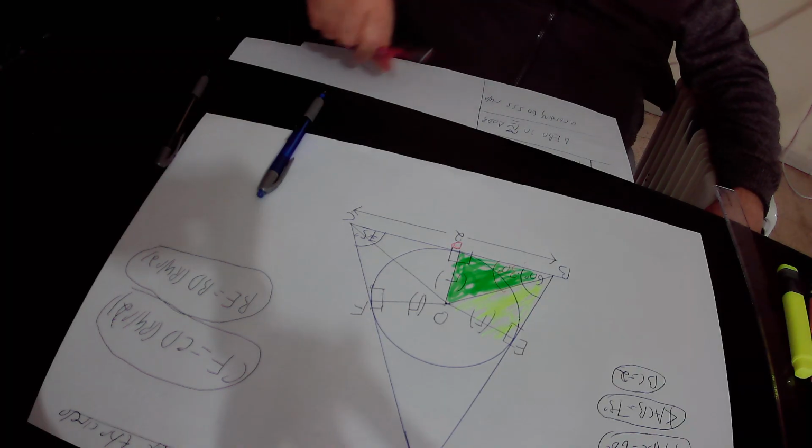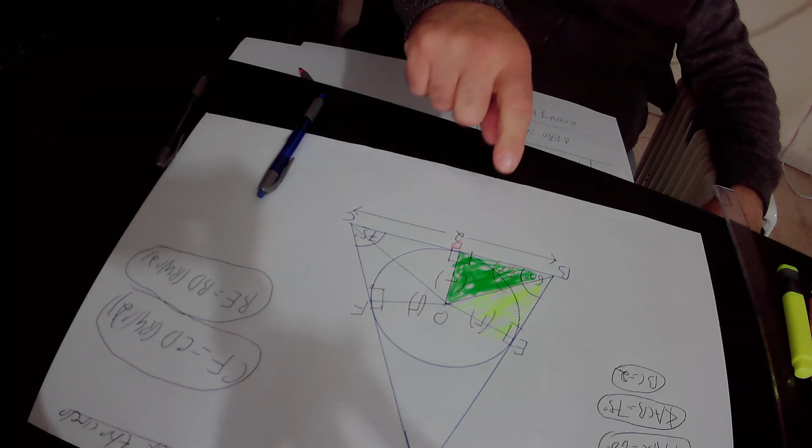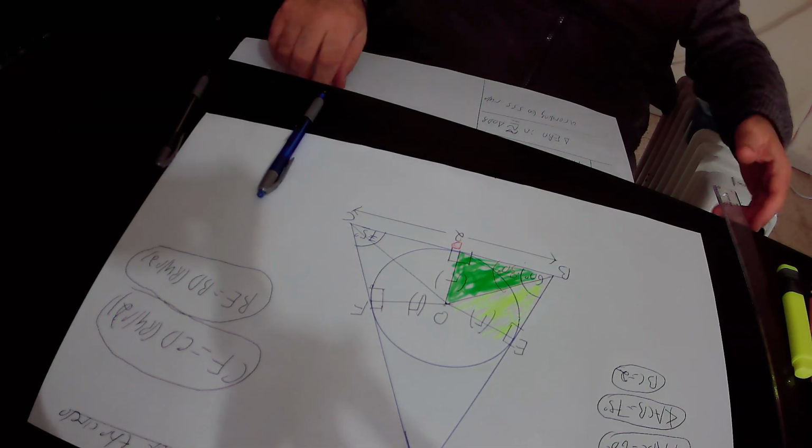In the next step, I'll copy the green right triangle OBD onto a new page, and we'll analyze this green right triangle OBD.